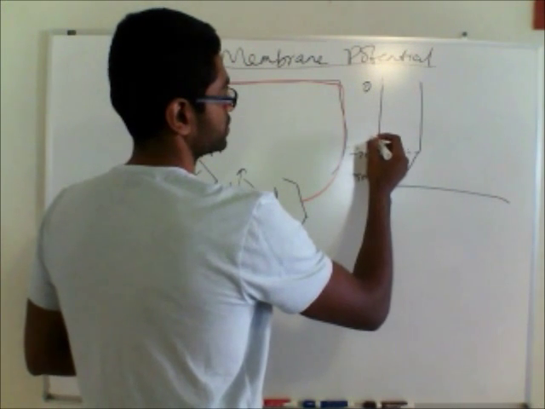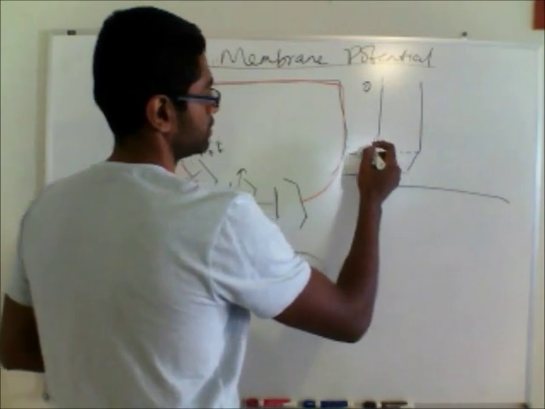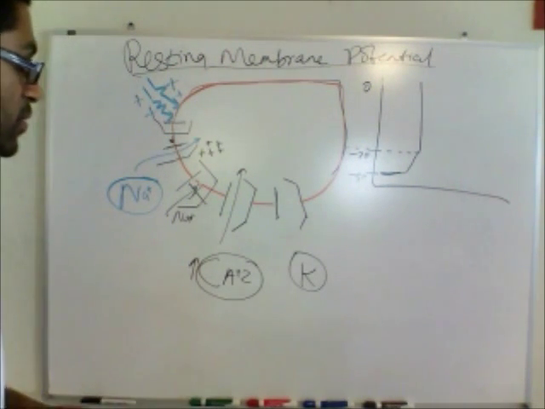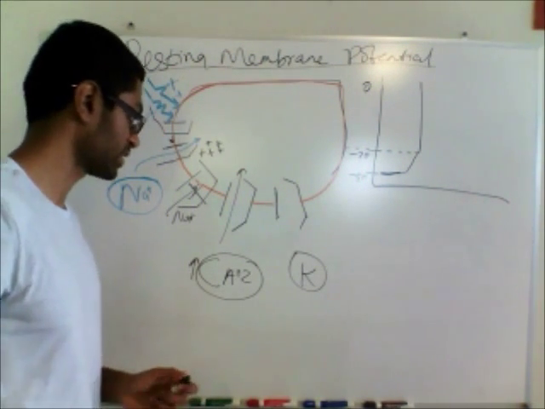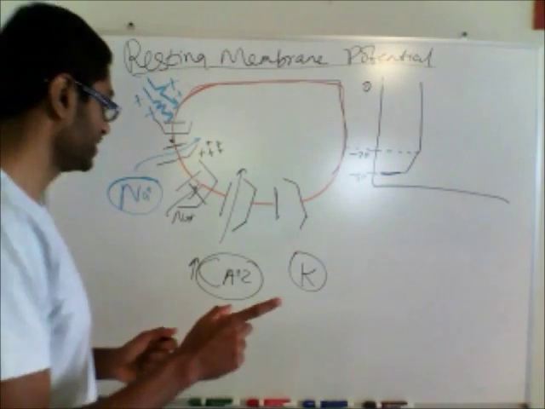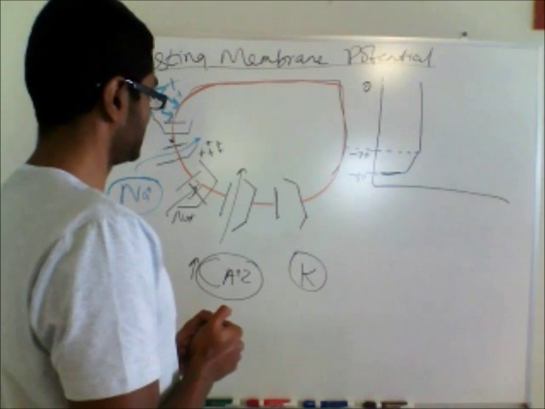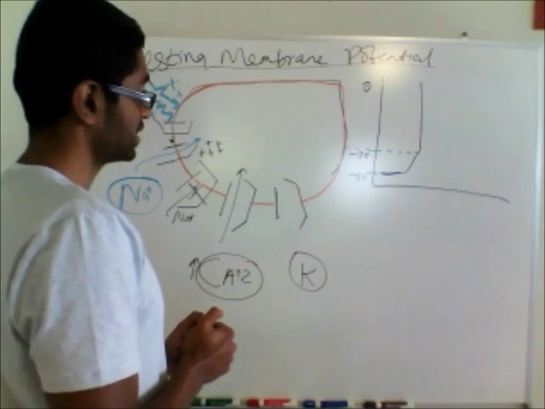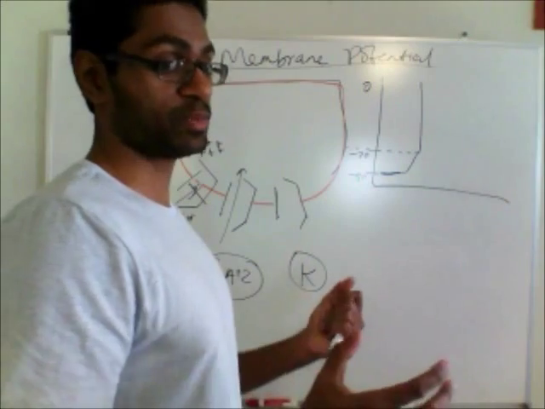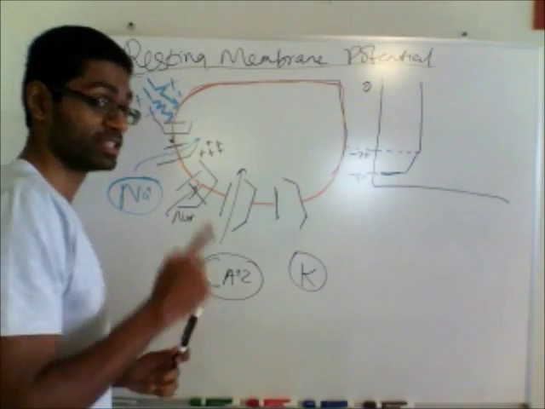Well, this is negative, so... Exactly, you're right. I am sorry, that was incorrect. Let me correct myself here. Actually, you're right. There's no need to be confused. I was right. The calcium actually does go in.